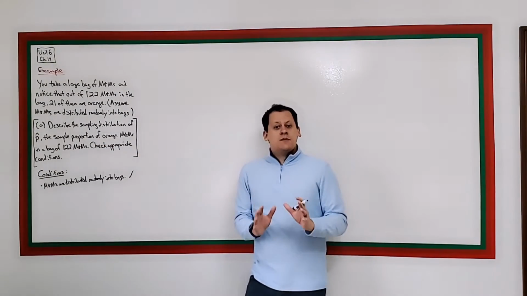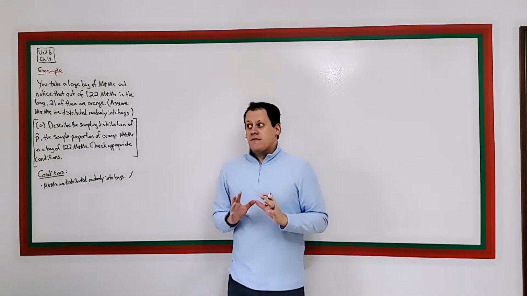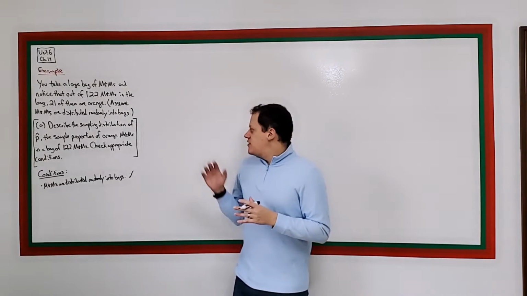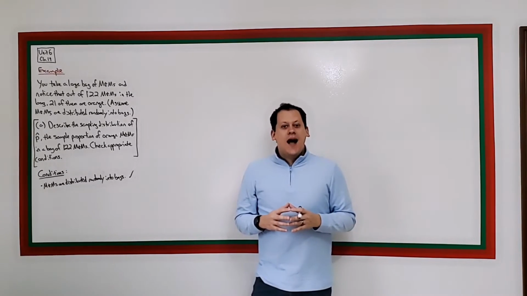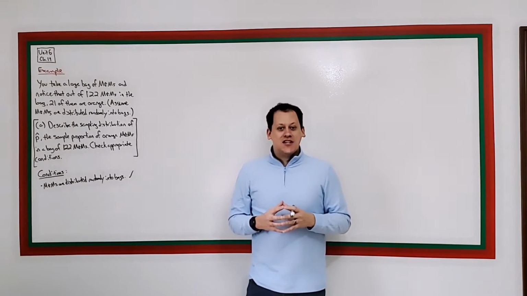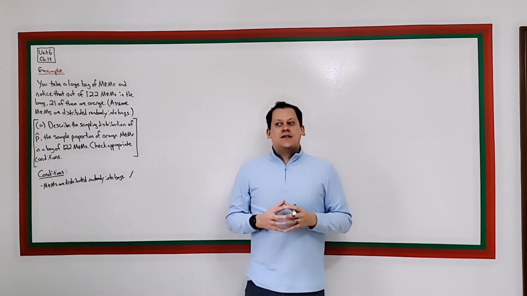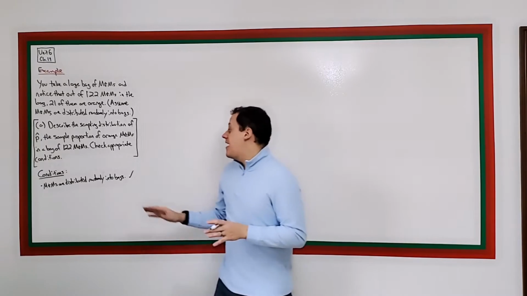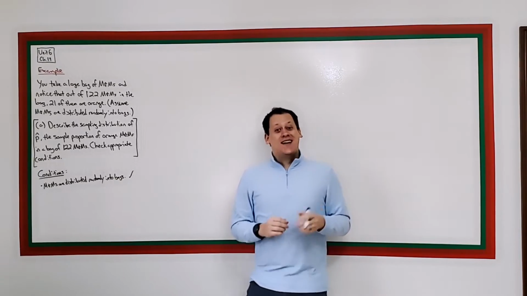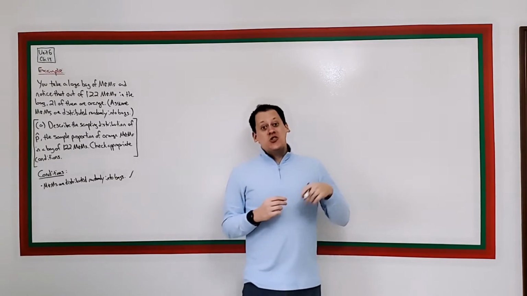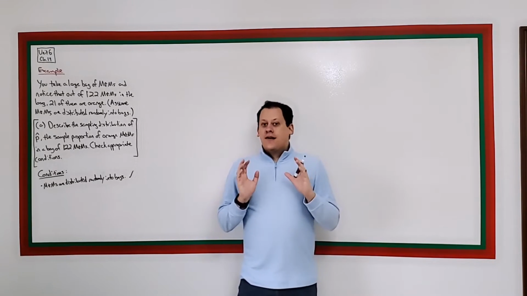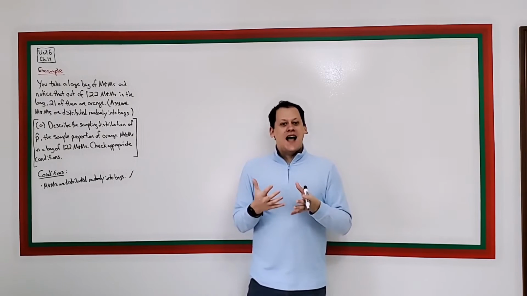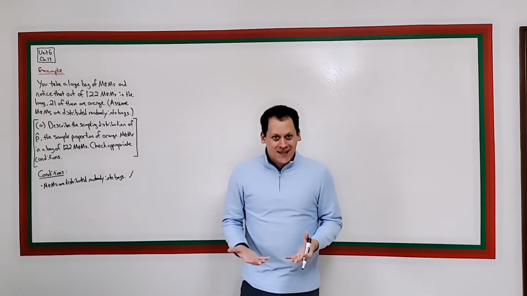I want to dispel a misconception that can be very harmful to believe. When it says to check the appropriate conditions, this is not testing whether you know what the conditions are. It would not do you well to just say randomization, check. 10% condition, check. Success/failure, check. It's good that you know the names of the conditions, but you have to actually explain why they're met, right?